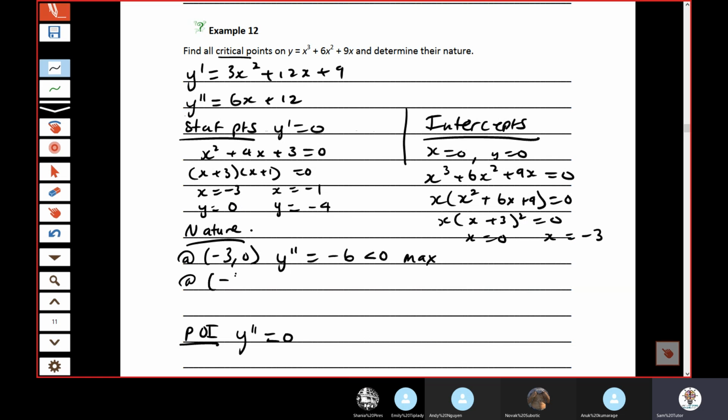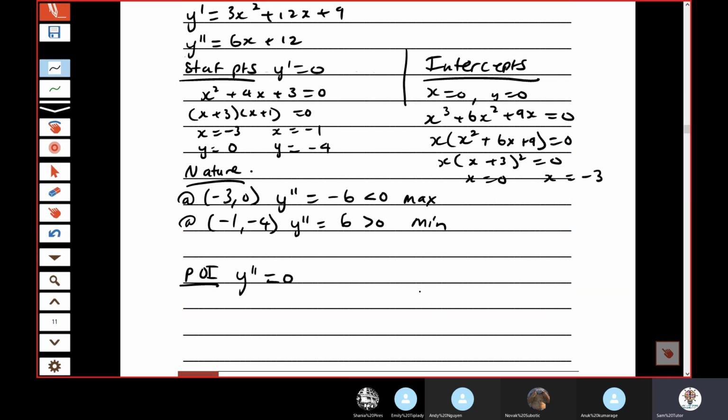At -1, -4: -6 plus 12 is 6, greater than 0, min. Which makes sense. You should have one max, one min, because in between there's going to be a point of inflection for them to meet, right? So far, any questions?